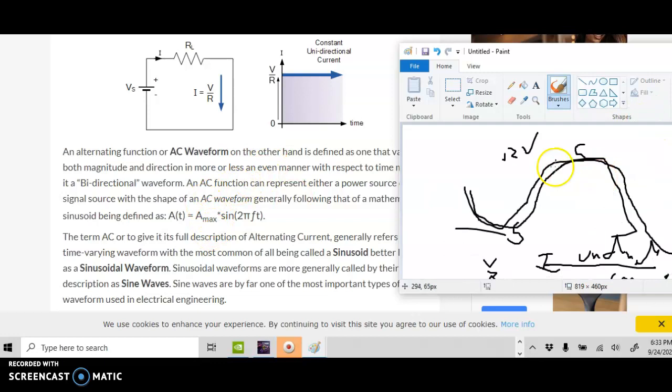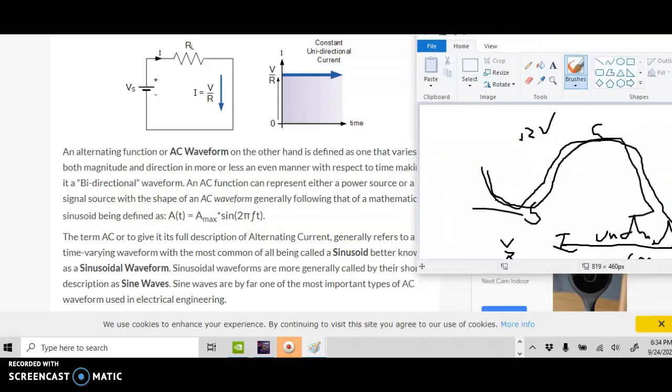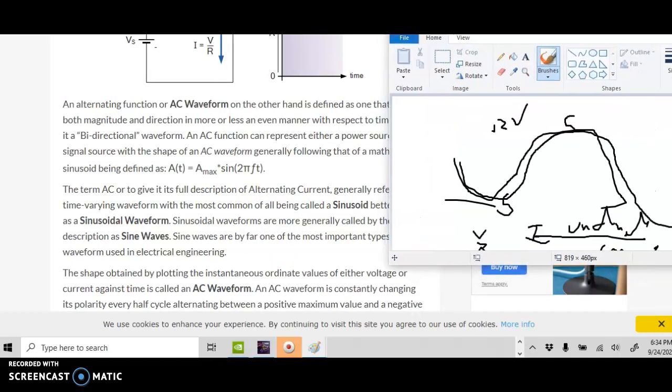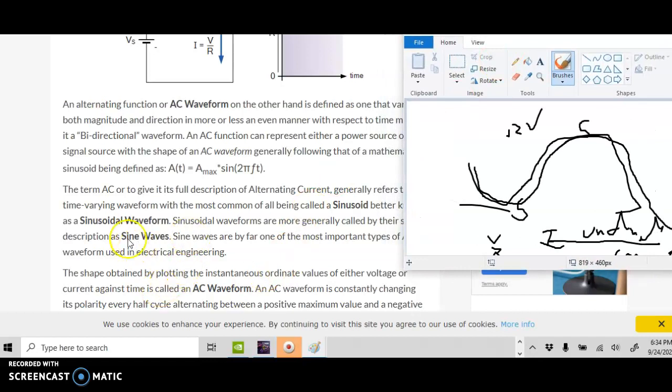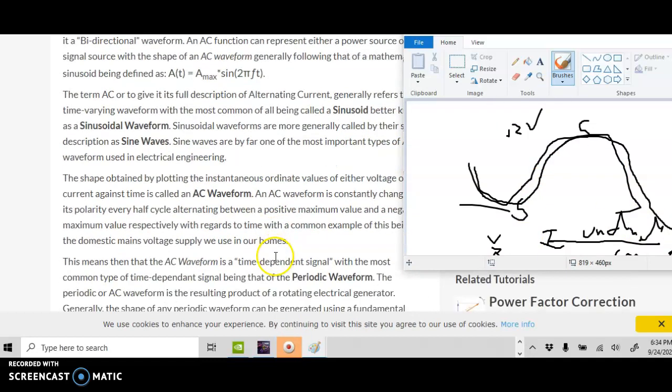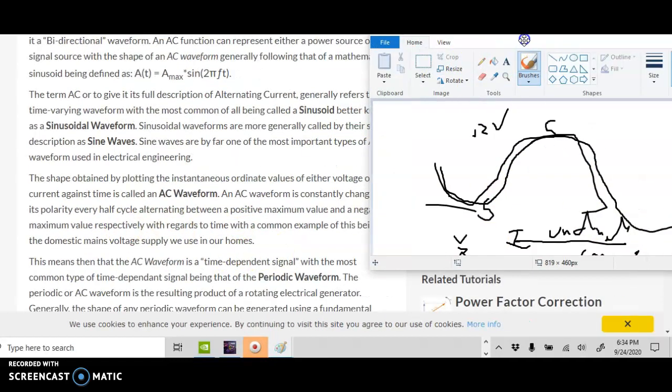So this is the max, A max. You multiply it by the sinusoidal wave. So basically that gives you an A, which mathematically is an AC current.